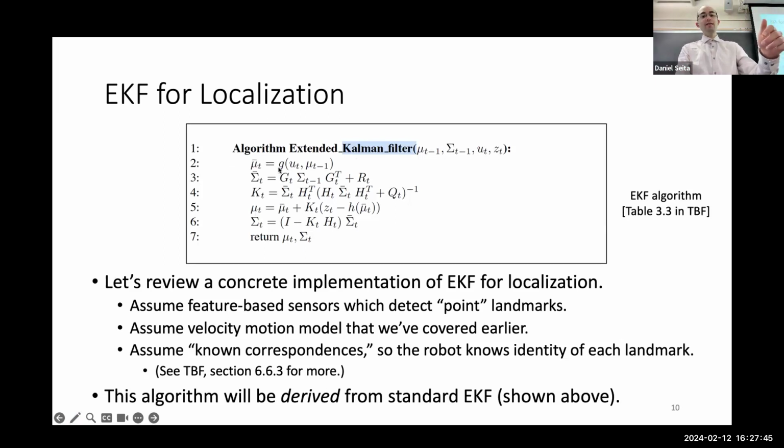And g is the nonlinear term that we use because it's an extended Kalman filter, so we don't assume an exact linear model here. Same thing for h. They're nonlinear functions, so we'll have to use the Taylor series approximation to linearize them.